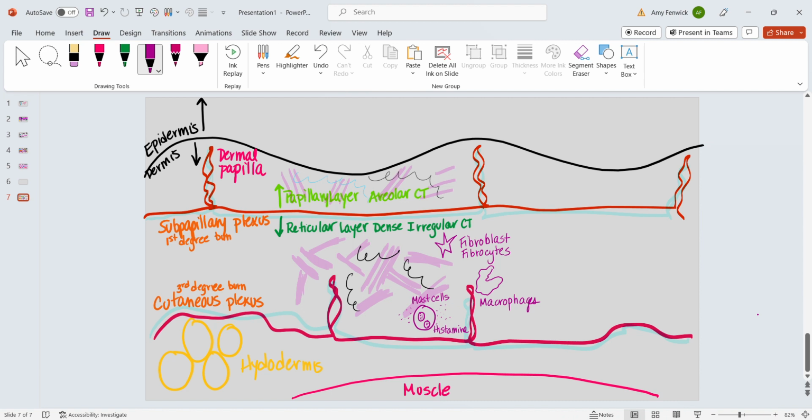Okay, so the dermis is what we call vascularized, whereas the epidermis was not. And the dermis is vascularized because it has these blood vessels, right? It's got the subpapillary plexus and the cutaneous plexus. Now, what happens is that oxygen diffuses out.